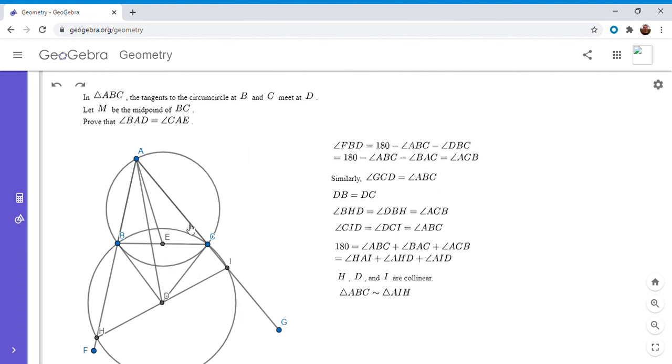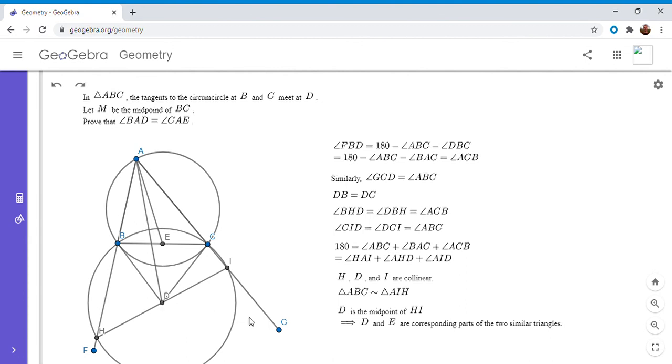So the two triangles are inversely similar, and not only that, since E was the midpoint of BC, D has to be the midpoint of HI. D is the midpoint of HI because it's the center of the circle, and HI is the diameter. So basically we have two midpoints of the corresponding sides of two similar triangles.